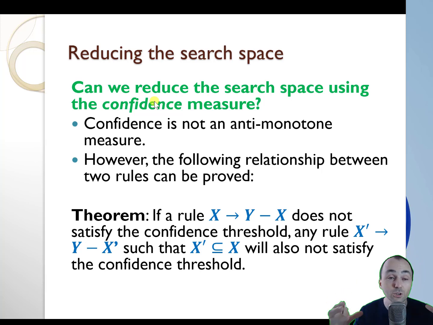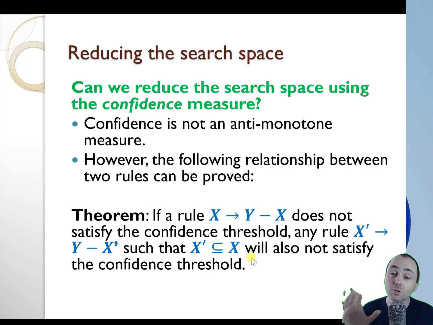The special property with the support we can use to eliminate the rules. But what about the confidence? Actually we are lucky, because there's a theorem we can use to eliminate the rules using the confidence. So let me explain this to you.